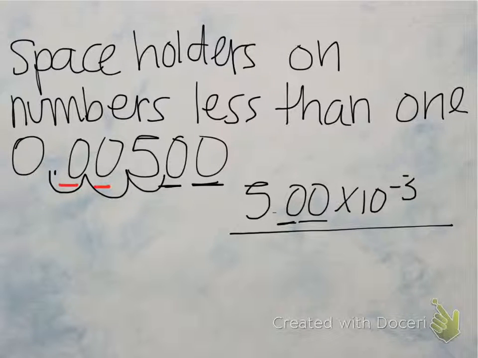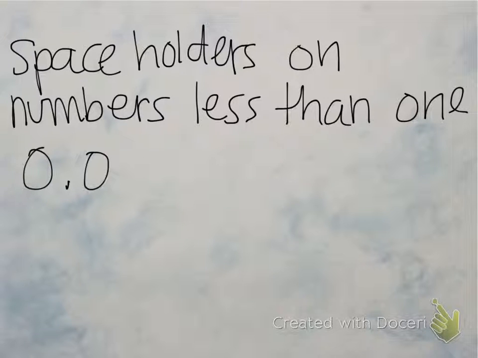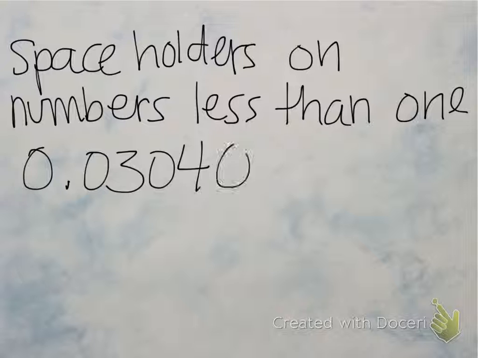So let me do another one here of that same example that we just did. So that was 0.03040. So we know significant, significant, significant, trailing zero in a decimal, also significant.